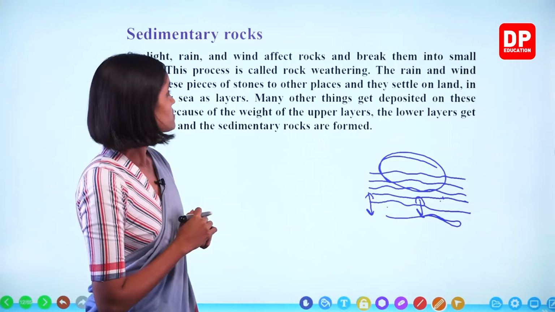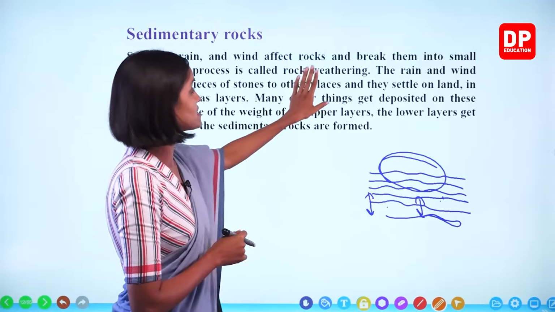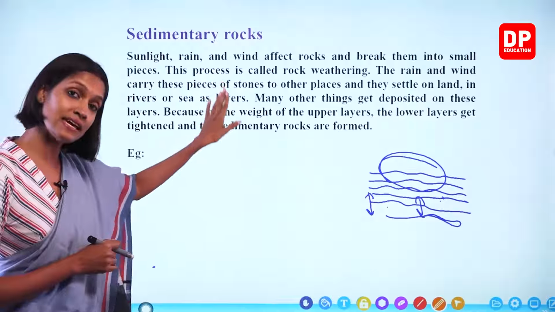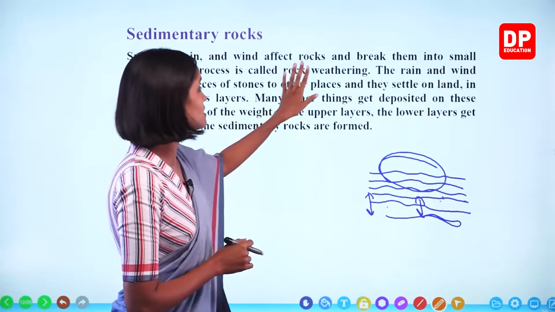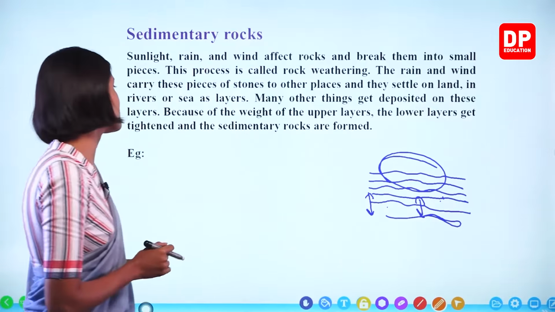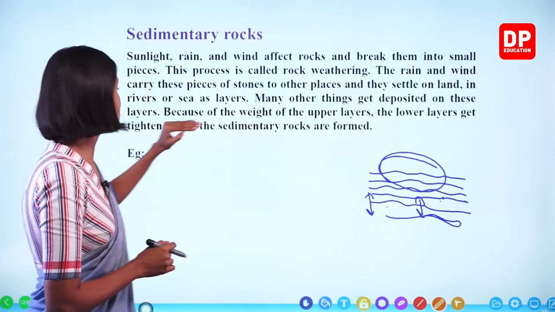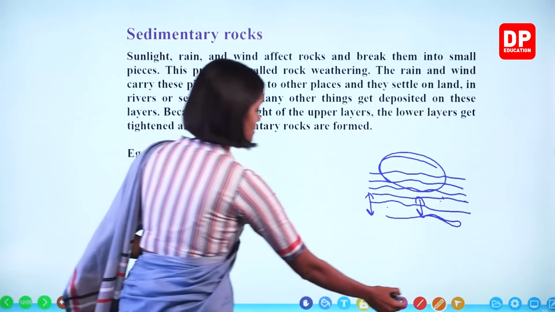Right, children? So here the rain and wind carry these pieces of stones to other places and they settle on land, in rivers or sea as layers. Many other things get deposited on these layers. Because of the weight of the upper layers, the lower layers get tightened and the sedimentary rocks are formed.